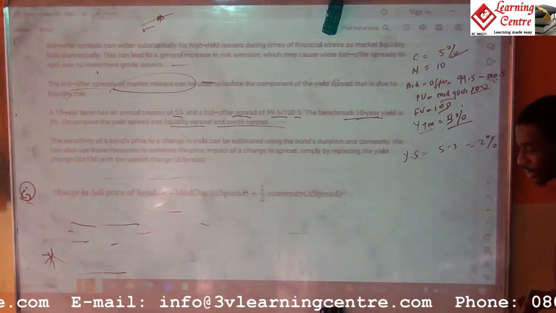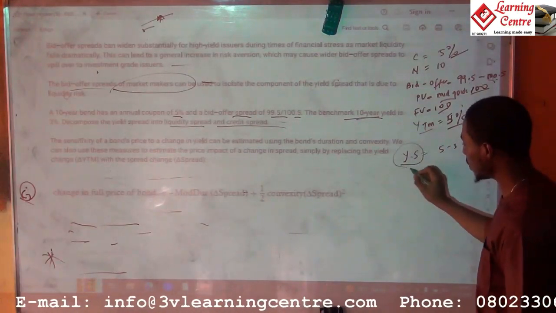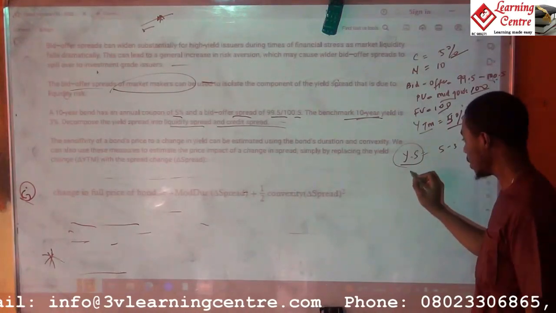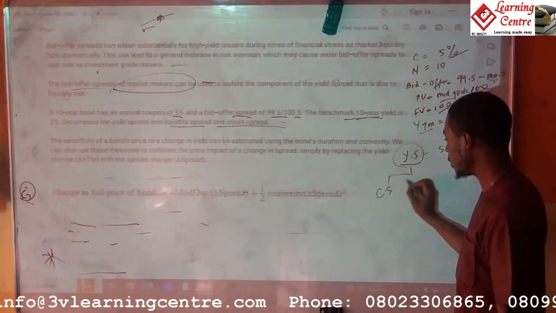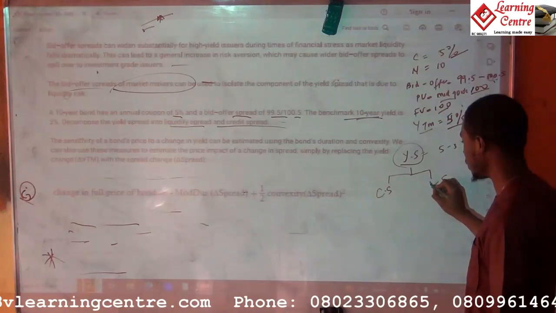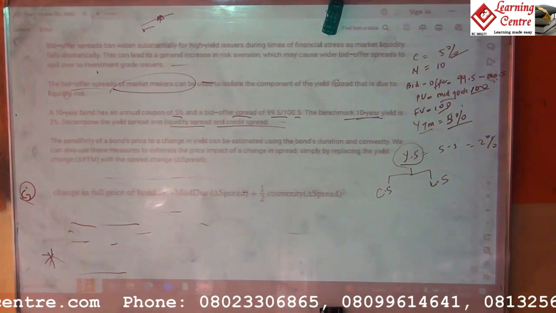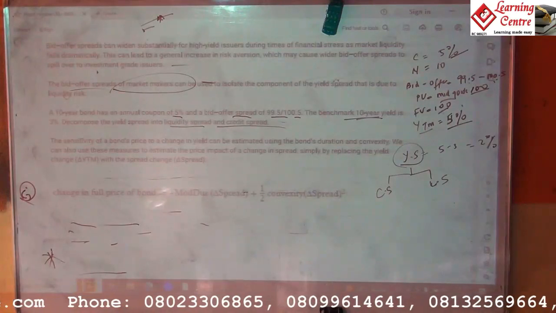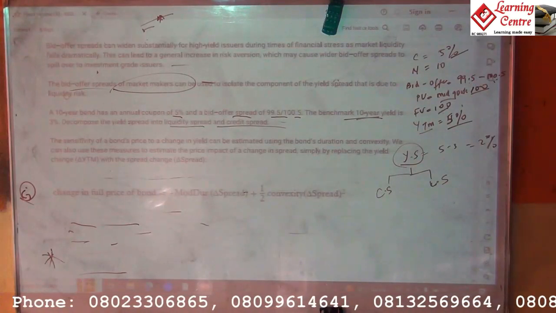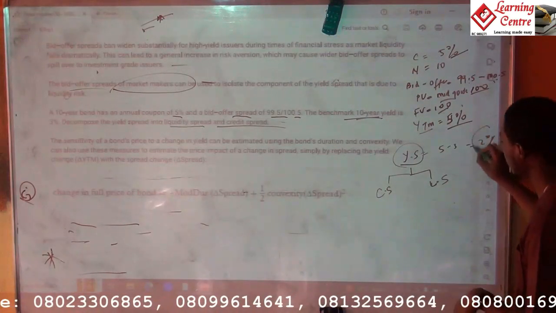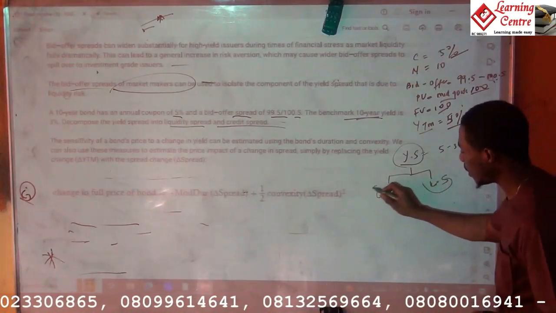This yield spread you are seeing here is made up of two things: one, credit spread; two, liquidity spread. So the question becomes, how do I separate these 2% into liquidity spread and credit spread?